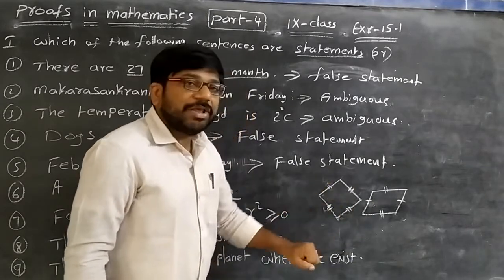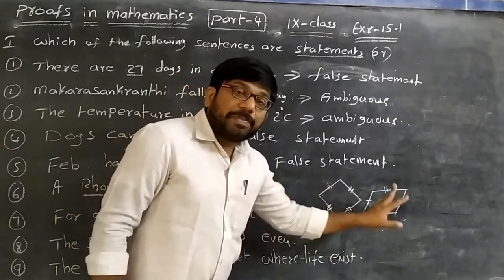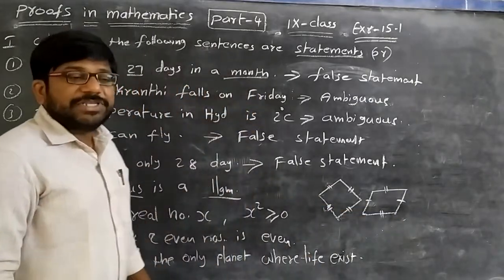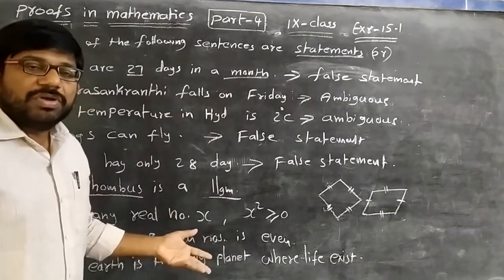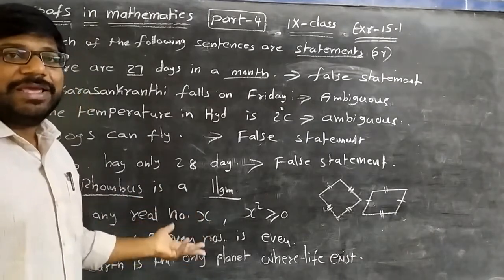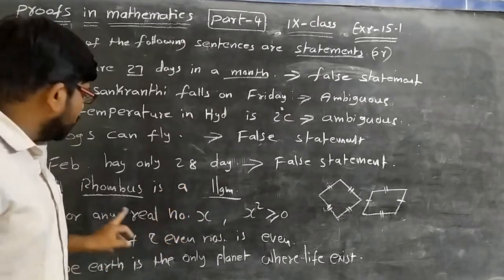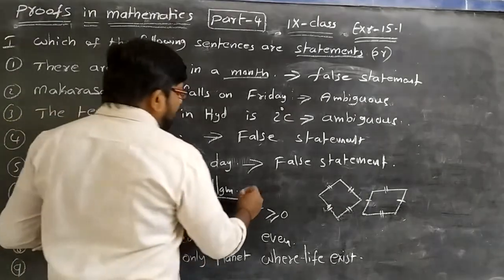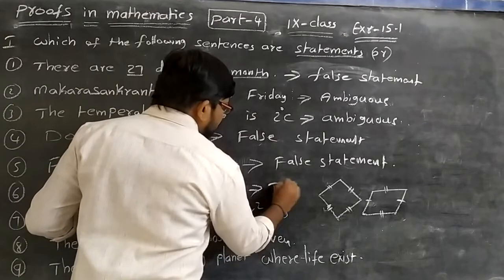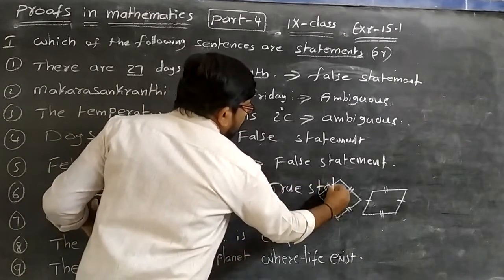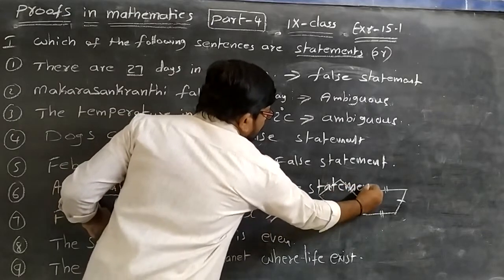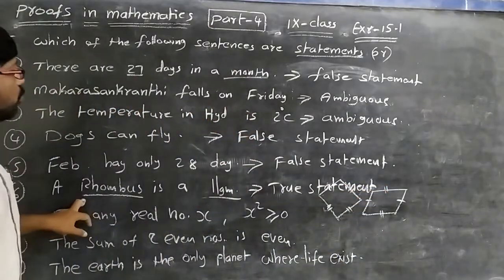So it is a parallelogram. Every rhombus is a parallelogram. It is true, we can say clearly it is true. It is a statement, so it is a true statement.